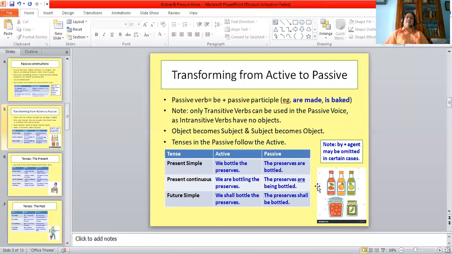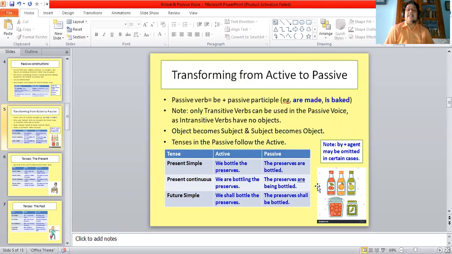Now, what happens when we transform from active to passive? The passive verb is actually be plus past participle. For example, are made. The cookies are made, or is baked. The cake is baked. Now, only the transitive verbs can be used in the passive voice, as intransitive verbs have no objects.